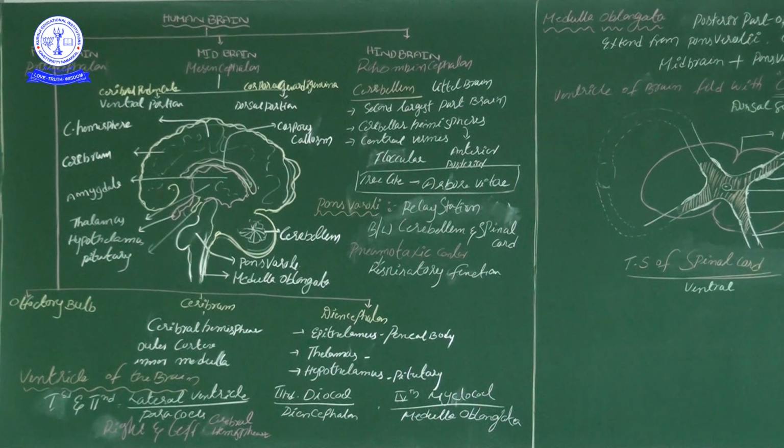Here, at the anterior part, are the olfactory bulbs. I haven't marked it here, but this is the olfactory bulb. So what are the functions? The cerebral hemispheres are more important for memory functions, investigative functions, and communication functions; all are under the cerebral part.